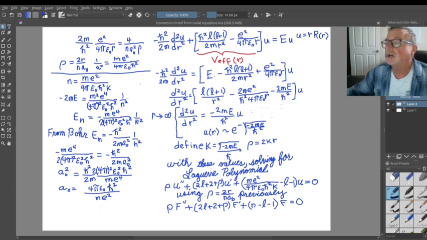So what I've done is I'm going to do several things at once. First of all, I'm going to bring the minus 2me over here, which shows that I'm squaring it. And that means that I've had an h bar up here, and this becomes an h bar to the fourth, and that's an h bar squared up here once we square this side.